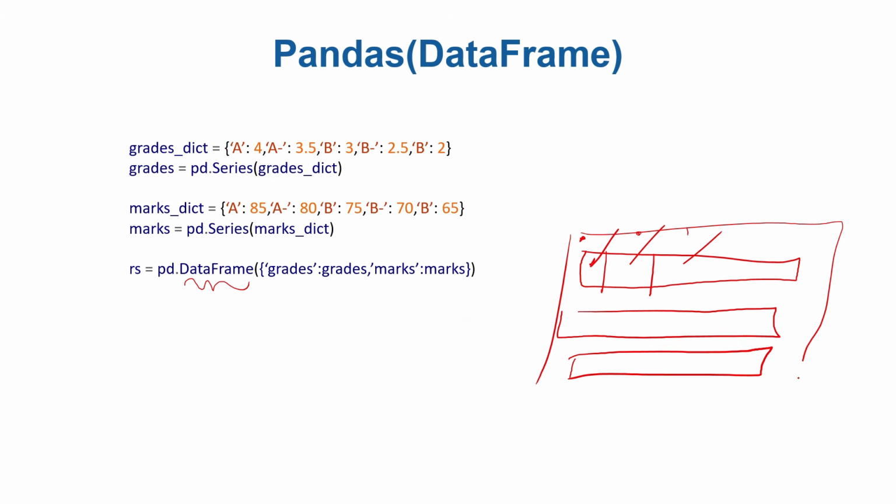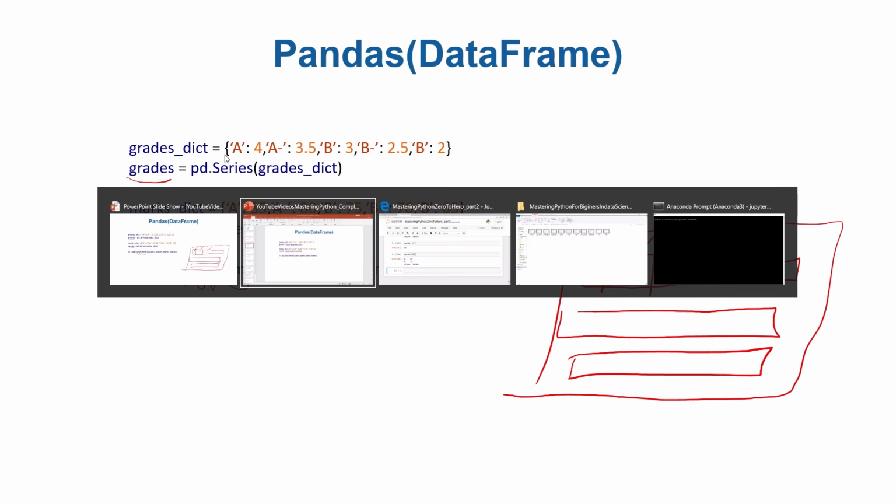This kind of two-dimensional data is handled very well by a data frame inside pandas rather than a series. You can make a data frame using different series objects. For example, we have the grades object and the marks object that we created last time. Let's build a data frame using these two and see what it looks like in Jupyter Notebook.